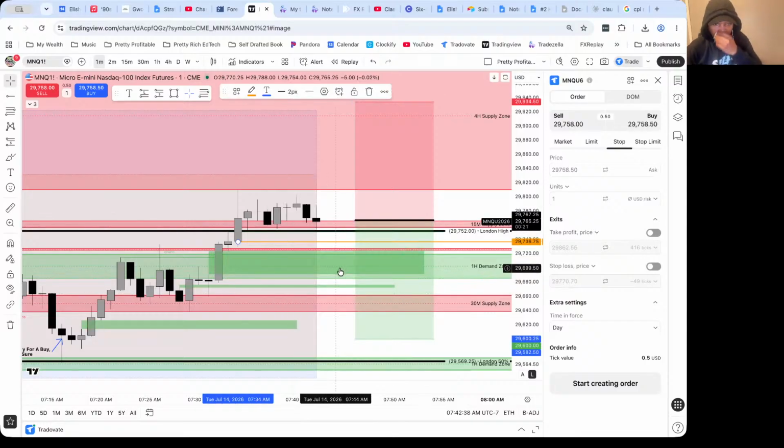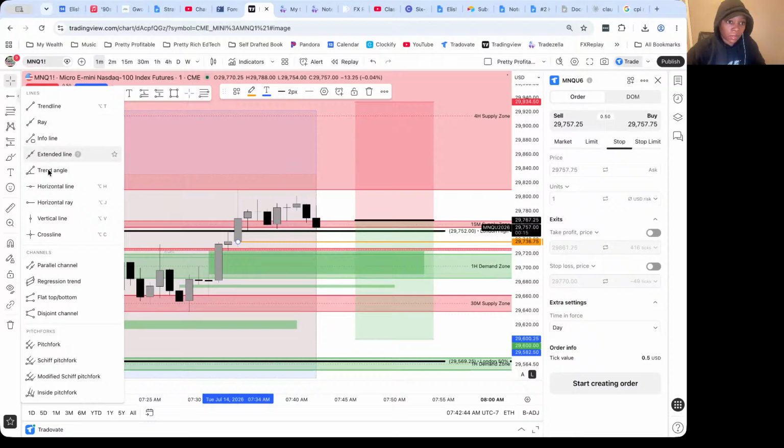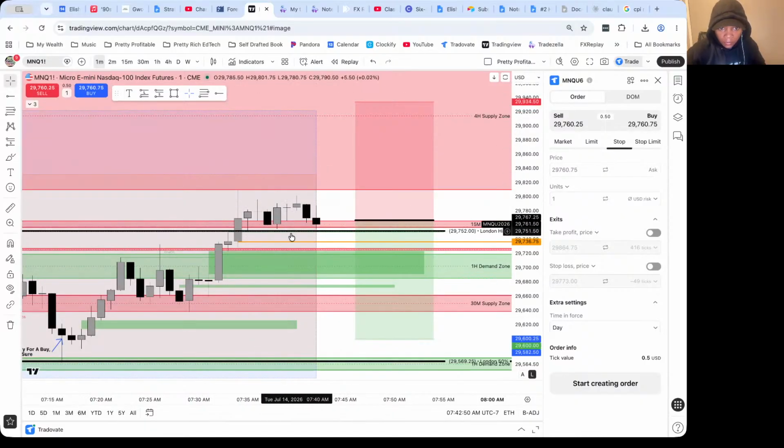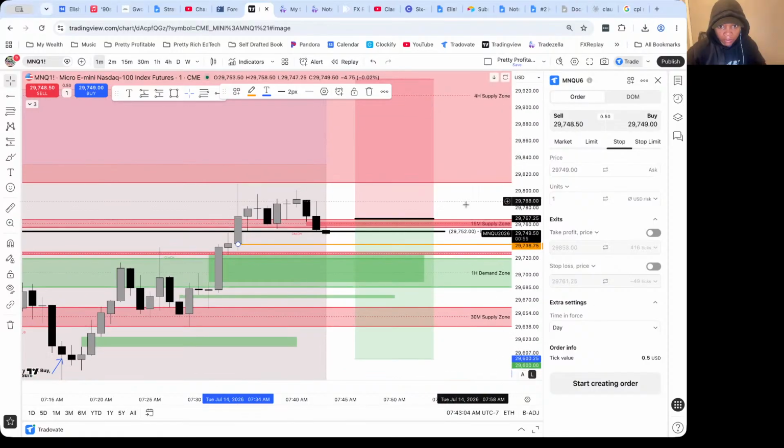So I made that line. So actually, let me save that. I don't know, right? Let me save that. I guess something close under there. You know. So something closed under here, I could potentially look at that as an entry.